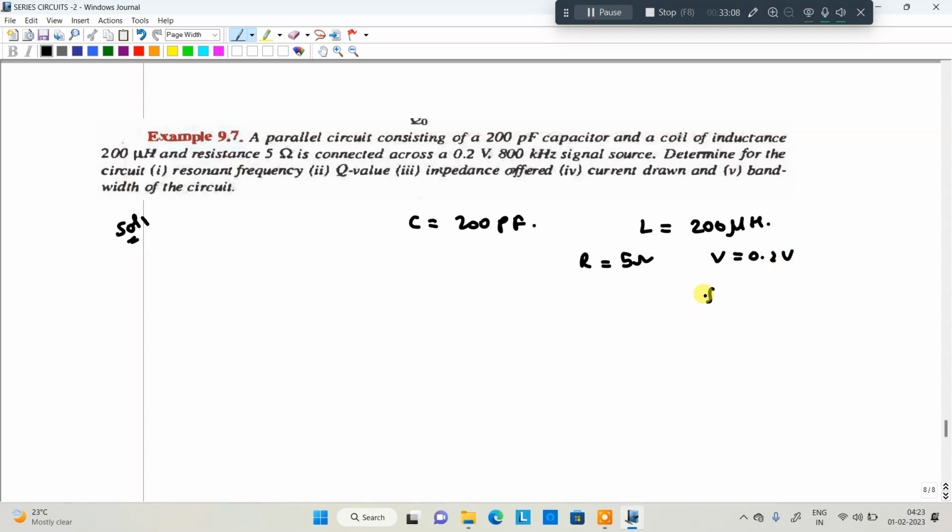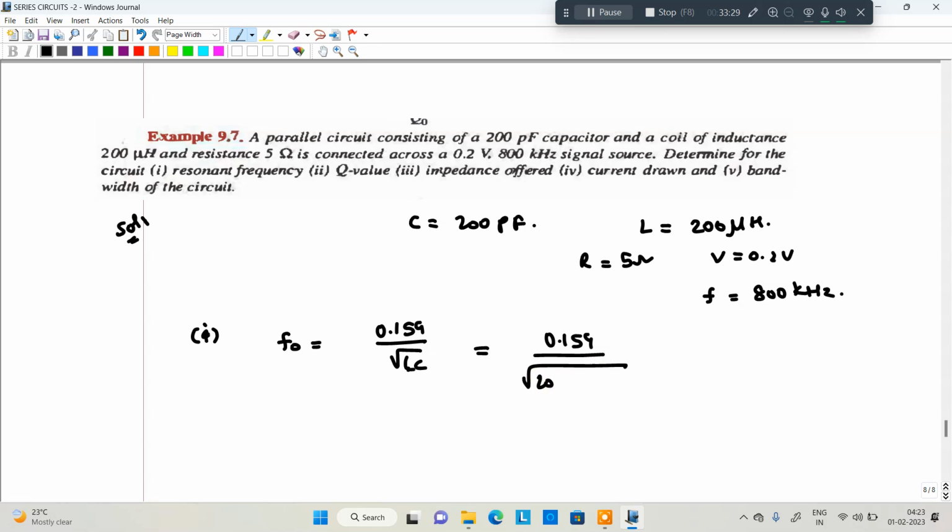The frequency is 800 kilohertz. They are asking about the resonance frequency. The first point here, resonance frequency, that is F naught. F naught is equal to 0.159 by root LC, that formula you know. So 0.159 divided by root of L, 200 micro, into C, 200 pico. That will be equivalent to 800.